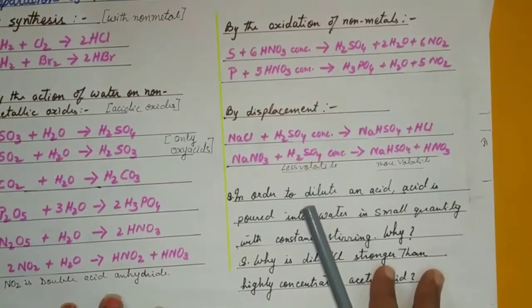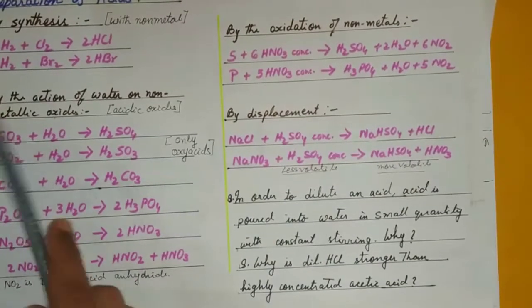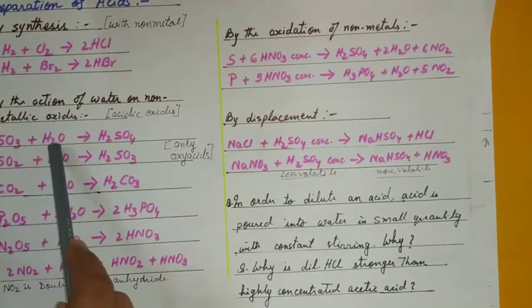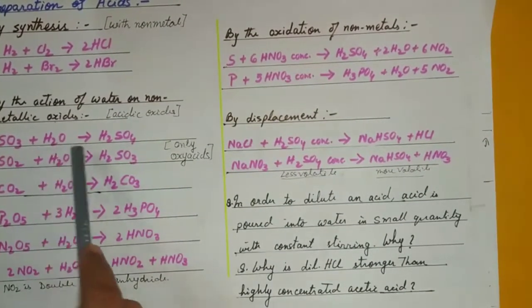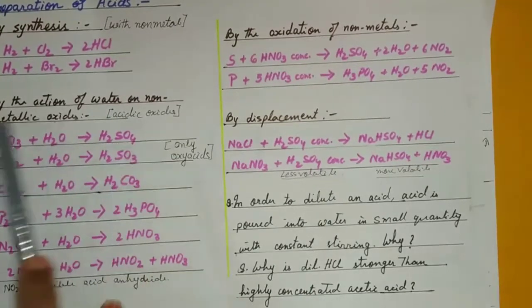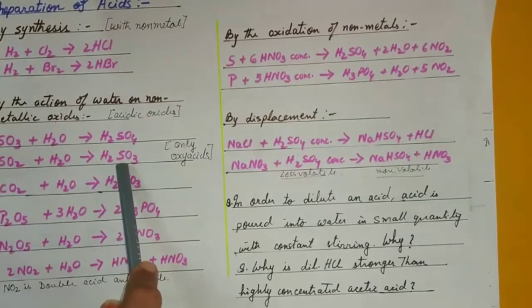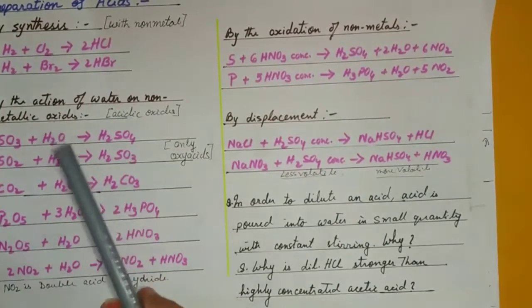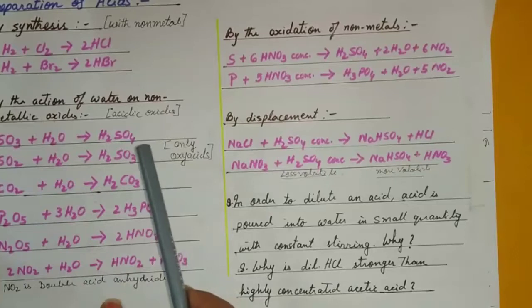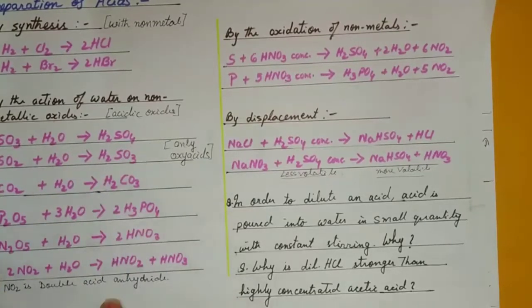Exactly the same we are doing here, like sulfur trioxide with water, SO3 with water will give you sulfuric acid. At the same time, SO2 with water will give you sulfurous acid. And please remember, when these are non-metallic oxides, they will always result in an oxyacid because oxygen is present.